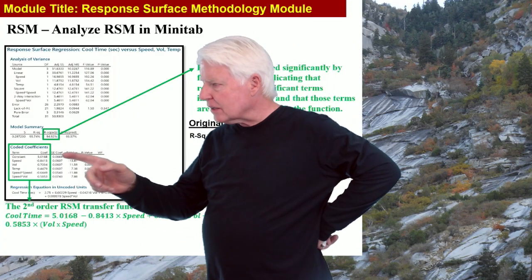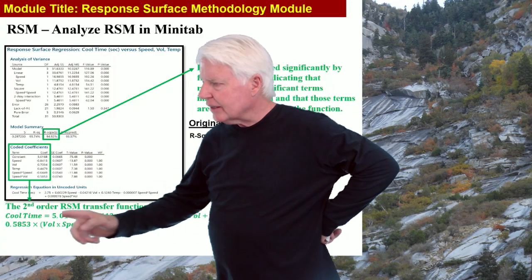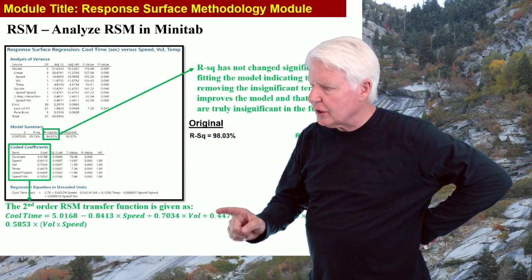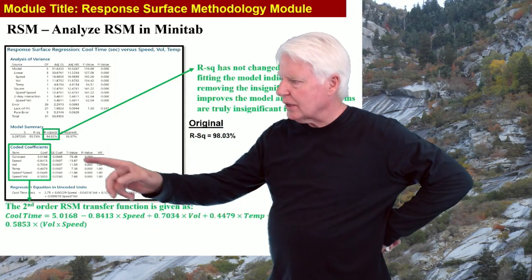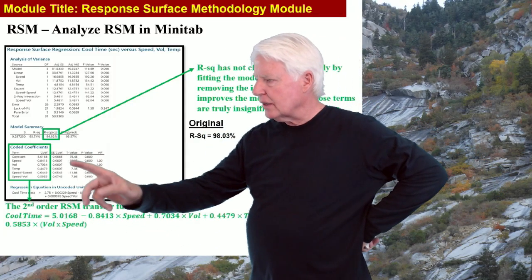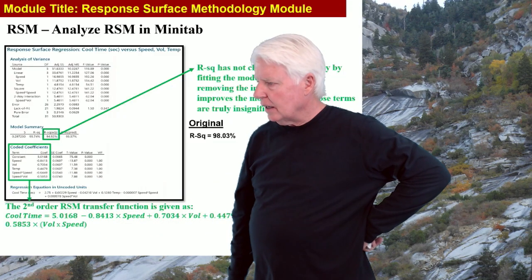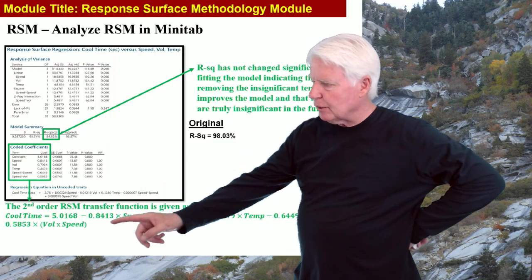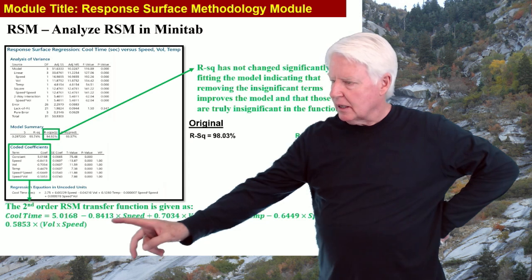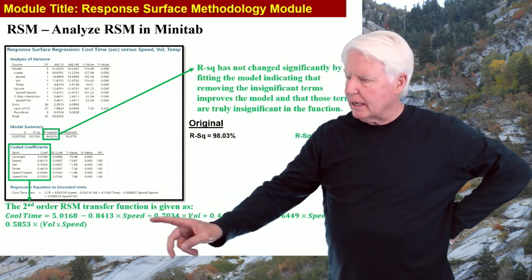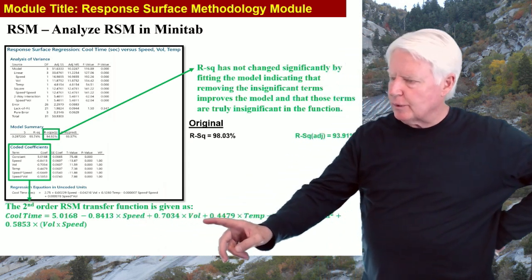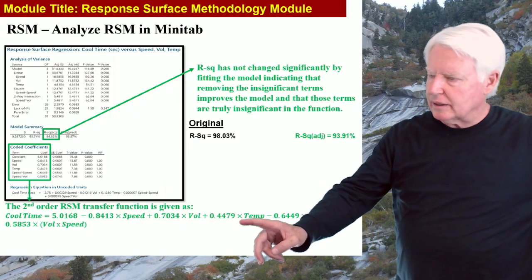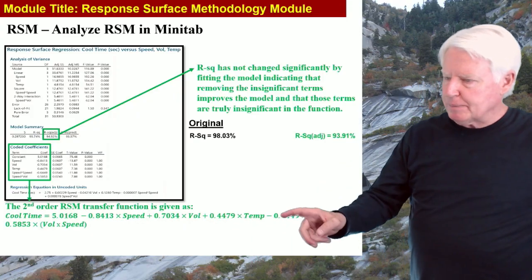Coded coefficients. Okay, the second order RSM transfer function is given as cool time equals, and it gives you all your constants and coefficients over here for all those. And in the end, it will be cool time equals that constant minus 0.8413 times speed times 0.7034 times velocity plus 0.0449 times temperature.